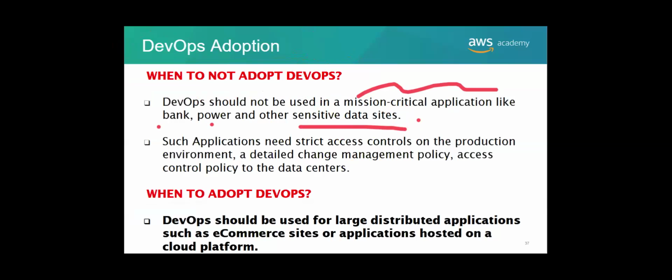Sensitive data sites means like banks and all, running for years, maybe 50, 60, 100 years. That means when you touch one data, it will affect the entire system. Then you should not touch that with DevOps, because DevOps is a new technology where you are migrating everything.